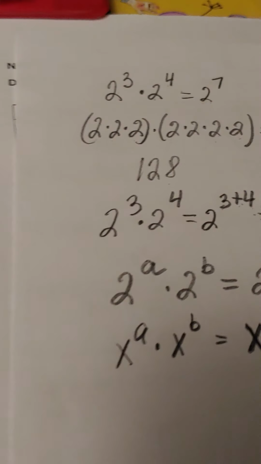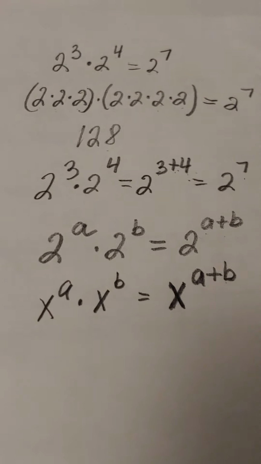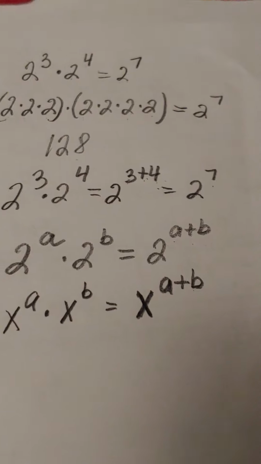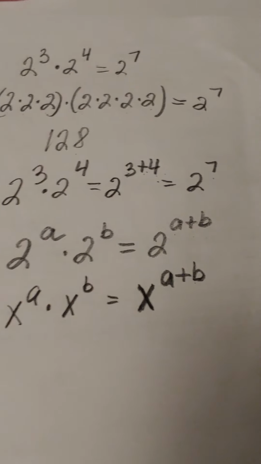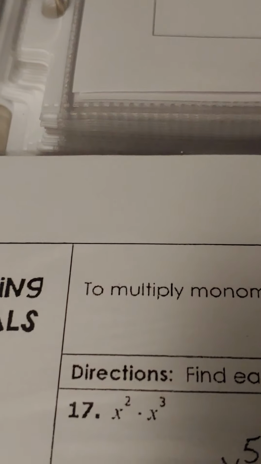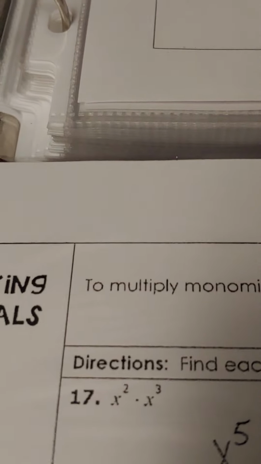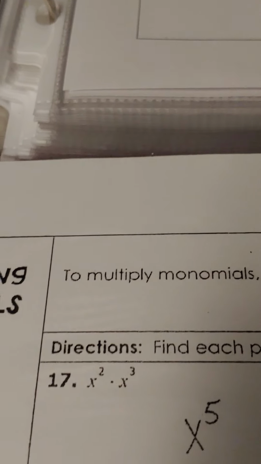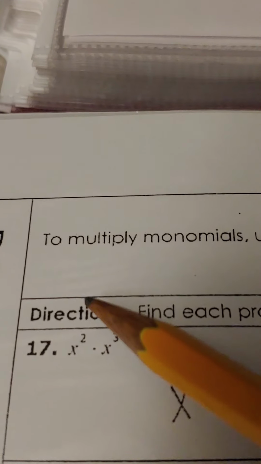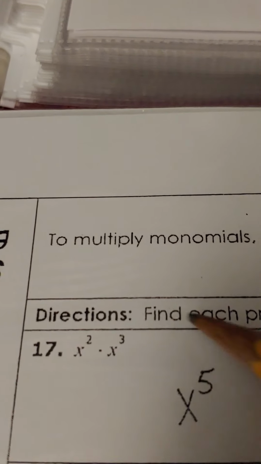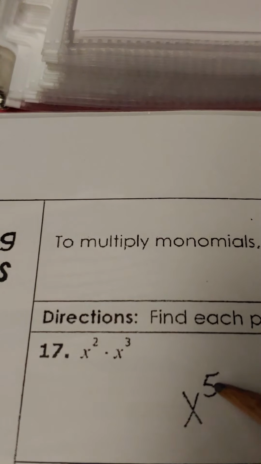Now we're going to use this rule. We're going to go over the problems on the back of that first worksheet. At number 17, we see x squared times x to the third power. What do we have to do? We have to add 2 and 3 together to get 5.